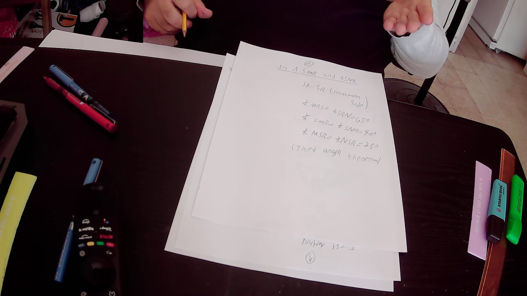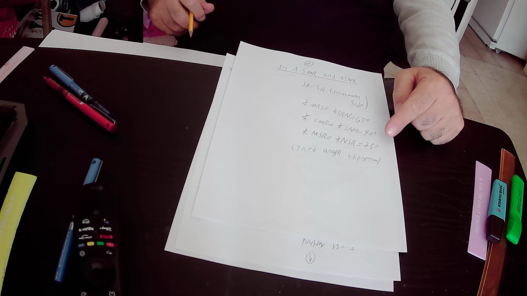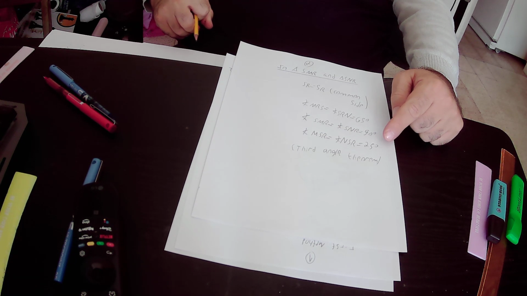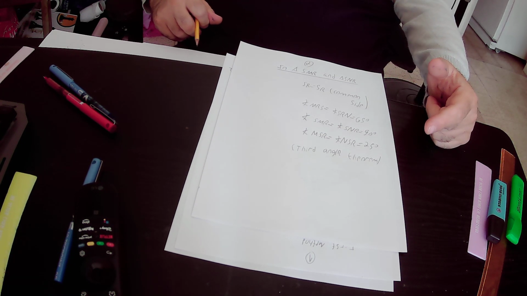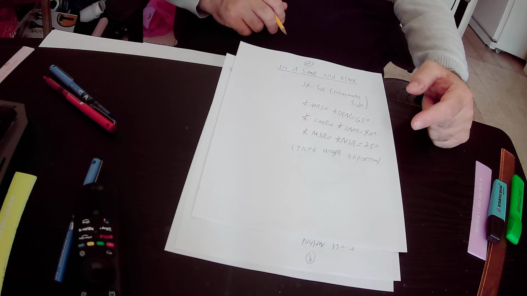But we actually can even calculate the size of the third angle in both triangles, and it will be equal to 25 degrees. So we actually found out that the three angles of triangle SMR are correspondingly equal to the three angles of triangle SNR. Okay?